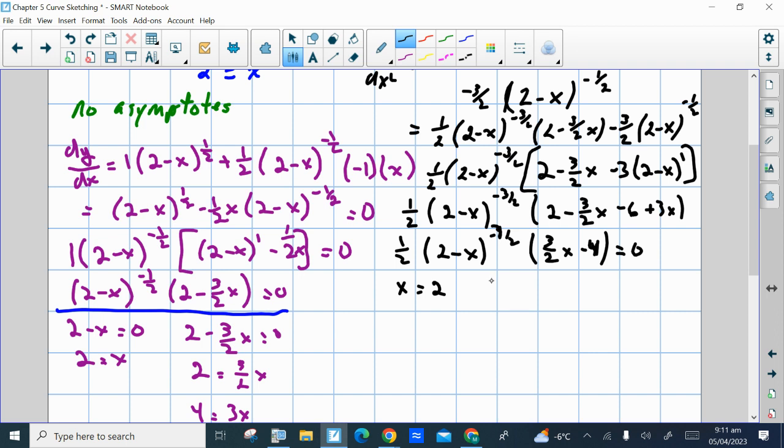Our other critical number will come where 3 over 2x minus 4 equals 0, which will be where 3/2 x equals 4, where 3x equals 8, and where x equals 8/3.